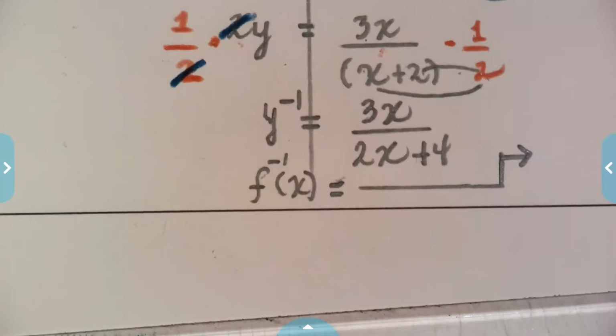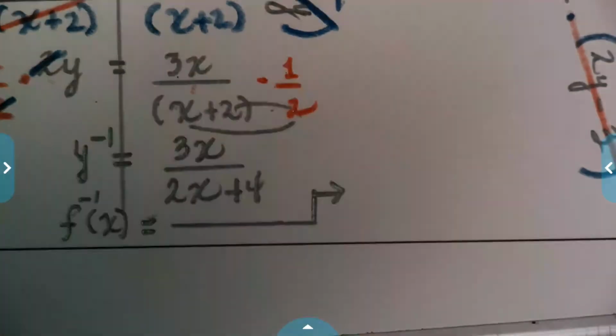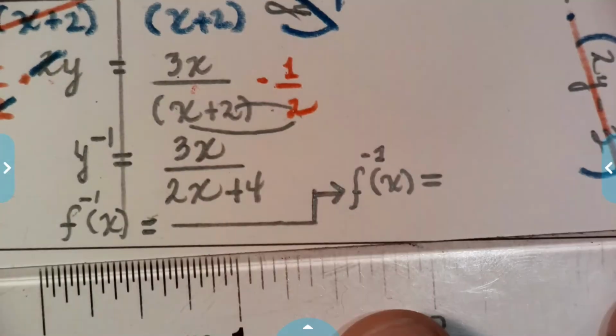So I'm going to say f inverse x equals this, and we're going to draw a little arrow to indicate what it equals. It's like the reader is taking a little journey. Okay, it's like, look here, please. So f inverse x is going to equal, why don't we just write it again? f inverse x equals 3x over 2x plus 4.